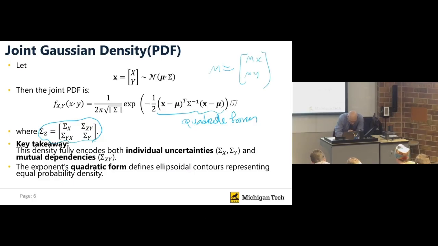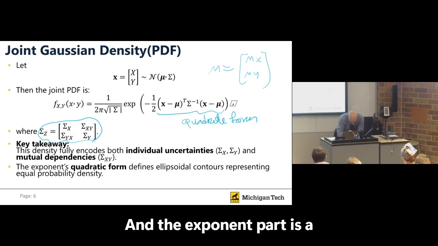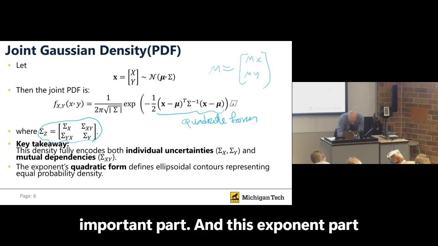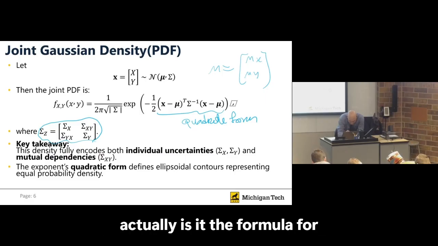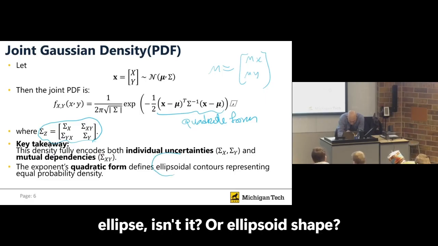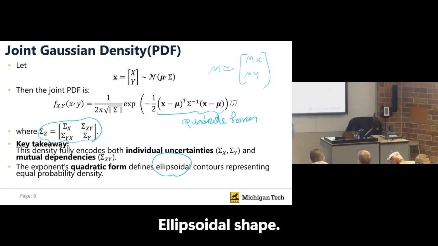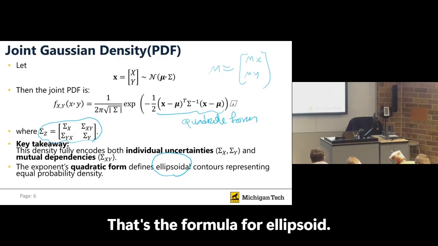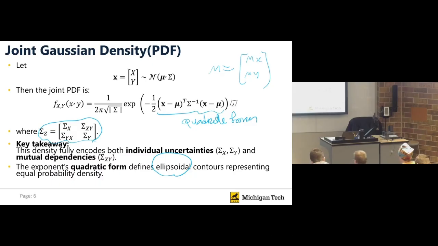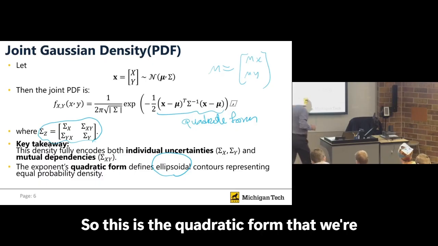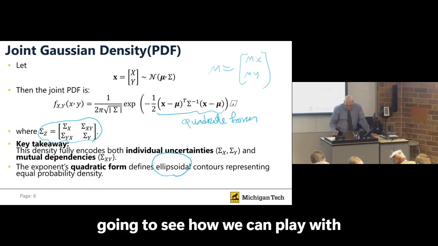Okay? And the exponent part is an important part. And this exponent part actually, is it the formula for an ellipse, isn't it? Or an ellipsoid shape in 3D. That's the formula for an ellipsoid. So this is the quadratic form that we're going to see how we can play with.